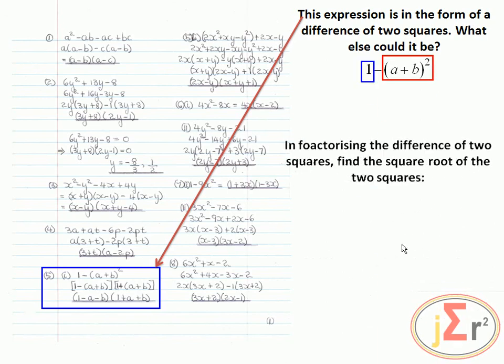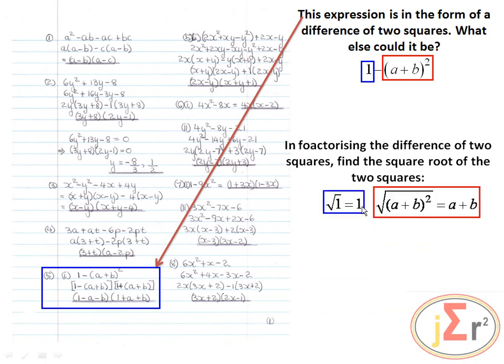How do we factorize a difference of two squares? In factorizing the difference of two squares, find the square root of the two squares. So one of the squares is 1. Square root of 1 is equal to 1. The other square is a plus b all squared. When we take the square root of all of that, the square root and the square operation have a cancelling effect on each other.